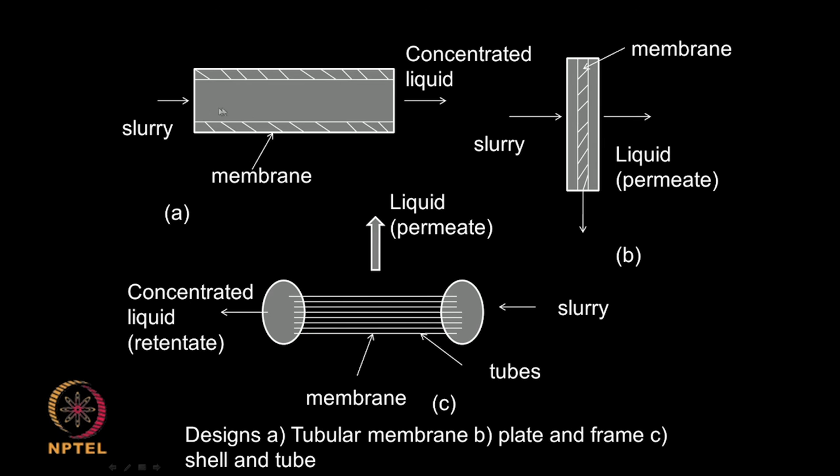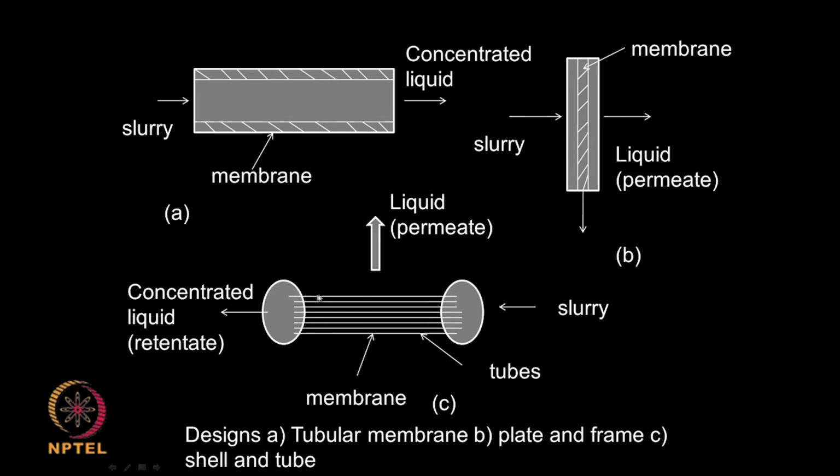So, your slurry is flowing like this, and you get the retentate here, and then along the circumference you get the permeate. The plate and frame type is like a plate and frame, you have the membrane material in the middle. So, the slurry flows and then you get the permeate here. Third type is shell and tube.